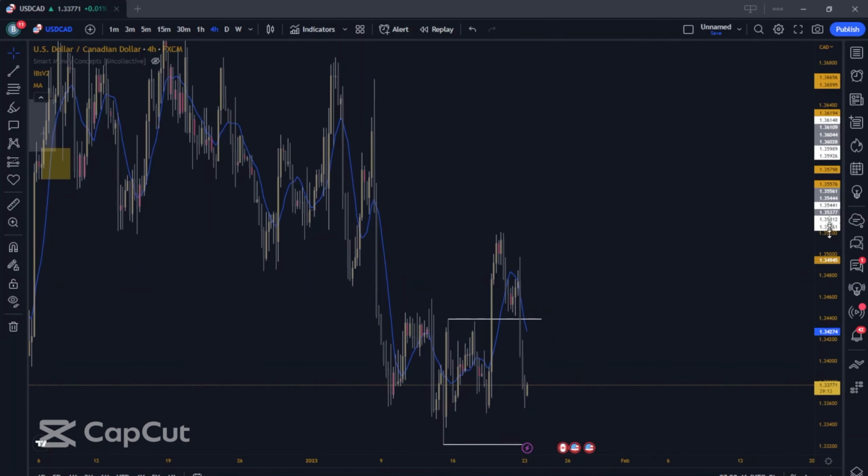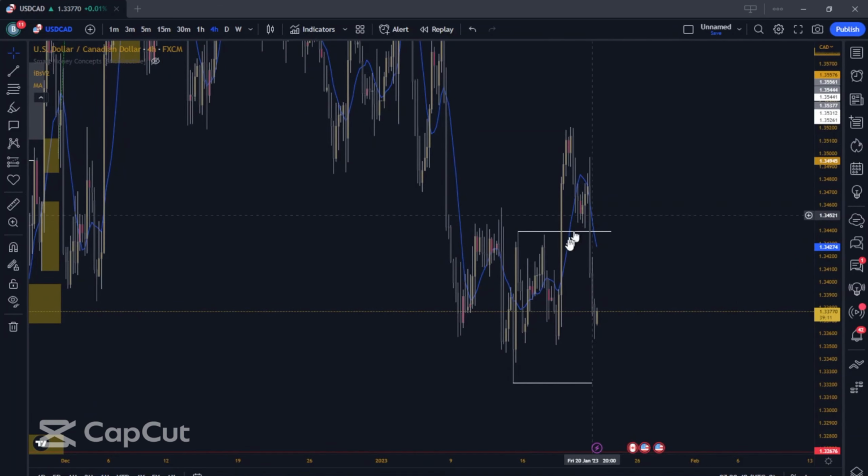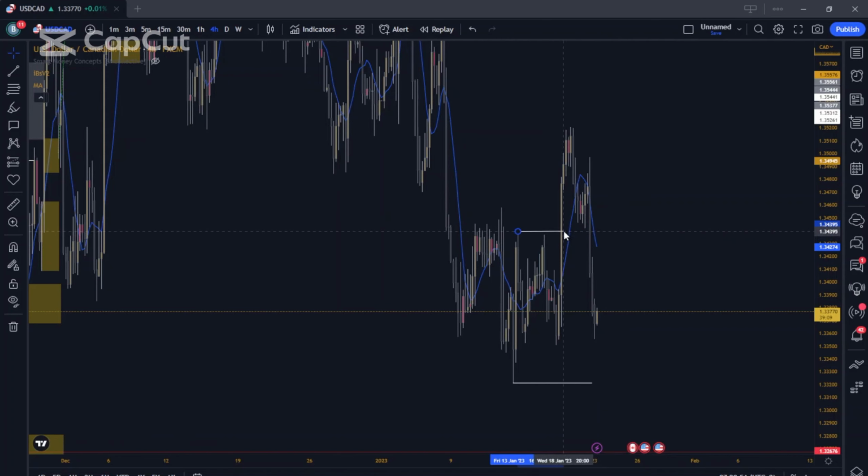This looks juicy. Have a look at this. Okay, so we've broken multiple forms of structure here on USD CAD. This is the swing high that was put in that broke this low down here. We've come down, retraced into this demand.